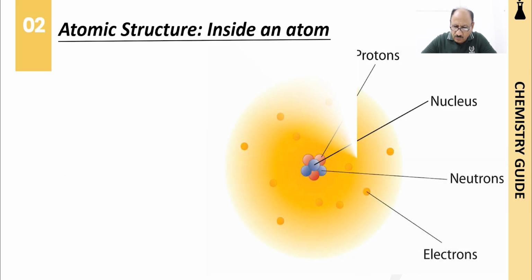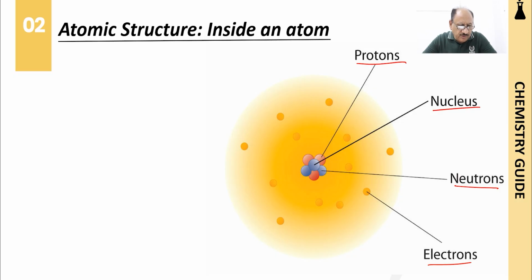Here we can go through another very nice diagram which is showing us protons, neutrons and electrons, and this is the nucleus. Keep in mind, the nucleus does not have any nuclear membrane. Like in biology, you have discussed that the nucleus of a cell has a membrane, but this nucleus does not have any sac or membrane. It's just a number of protons and neutrons located at almost the middle of the atom.